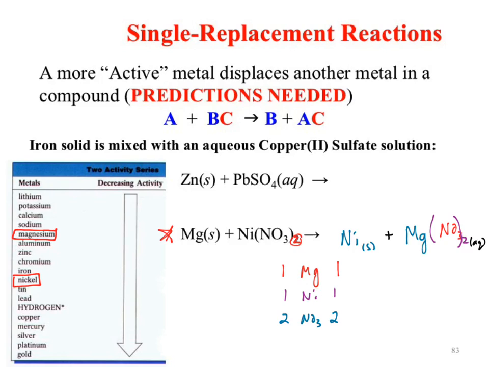There are 2 interpretations that we can run off of this. Magnesium is more active than nickel. So I'm now framing around the increased activity of the magnesium. Because it is more active, it wants to be in a compound. Where is magnesium in a compound in my equation? All right. It's on the right-hand side.